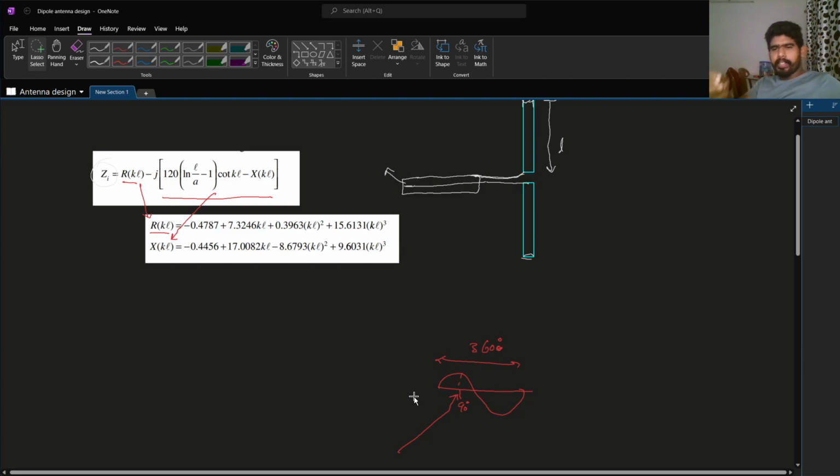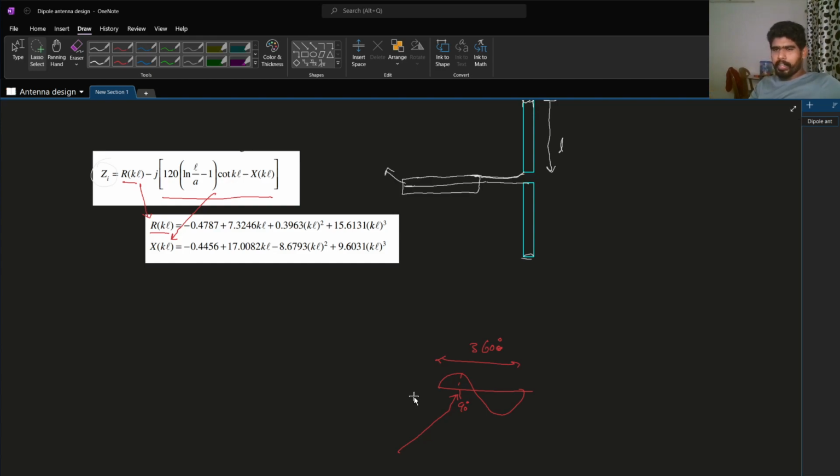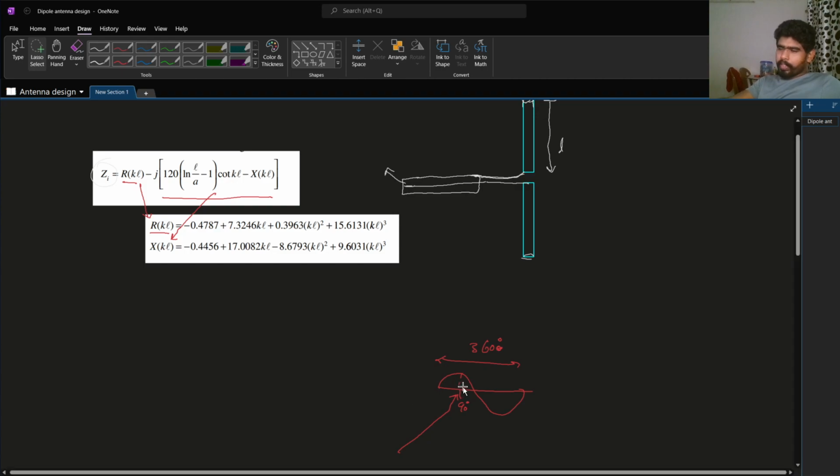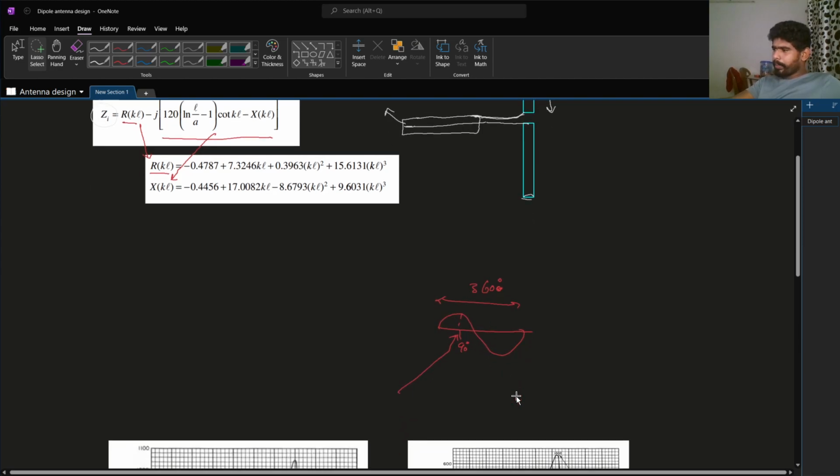If you are designing this antenna for 2.4 gigahertz like Wi-Fi, then this lambda corresponds to 2.4 gigahertz. Using simple equations, you can convert it into lambda. One complete cycle is 360 degrees, and for example, this will be lambda by 4, which is pi by 2, half cycle is pi, and complete cycle is 2 pi.